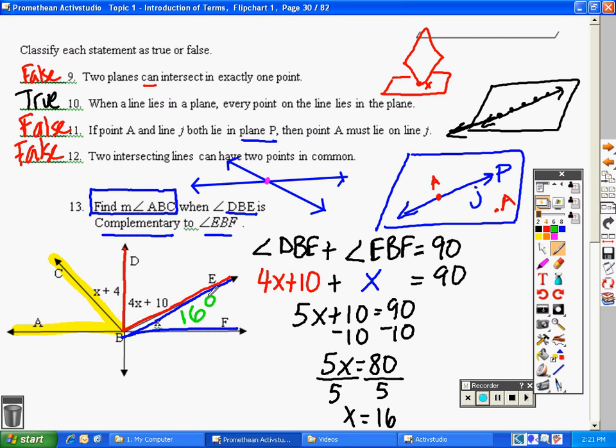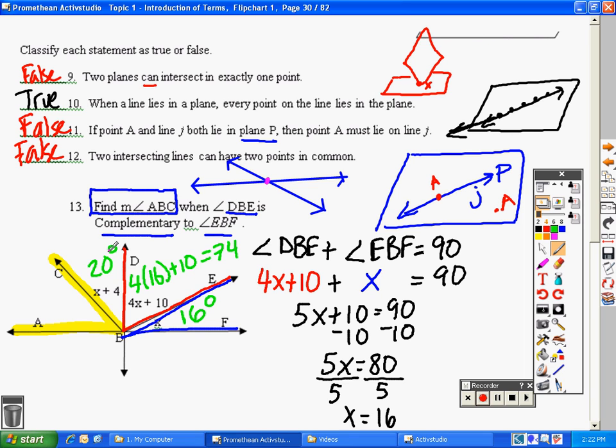If this is 4x plus 10, that's 4 times 16 plus 10. And if you use your calculators, that will be 64 plus 10, or 74. You knew that too because these two angles had to add up to 90, so you could have subtracted. This angle over here, this CBD is x plus 4, so that's 16 plus 4, or 20 degrees.